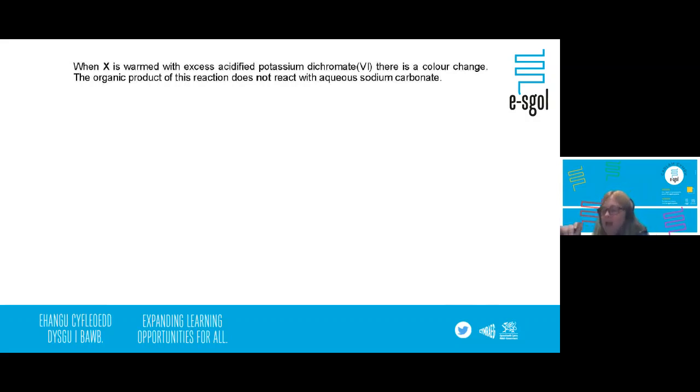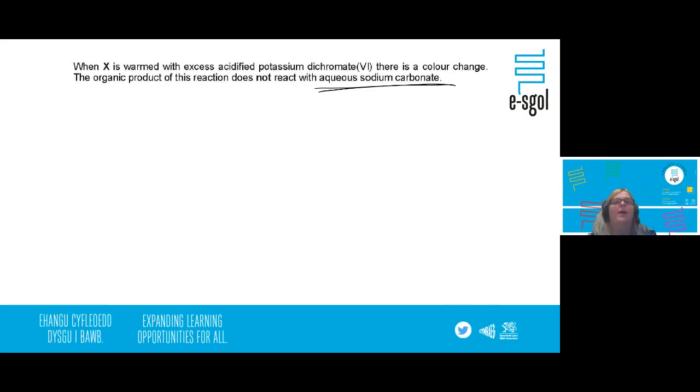Okay, that tells you that we are dealing with either a primary alcohol, a secondary alcohol, or an aldehyde. Those are the only 3 organic compound families that will give a colour change with an oxidizing agent.